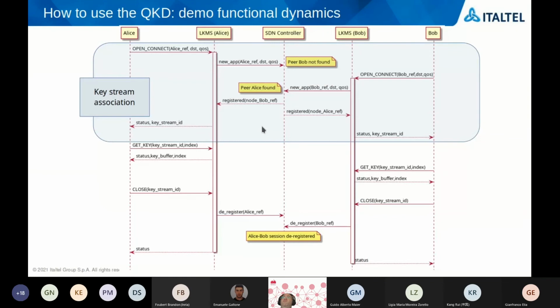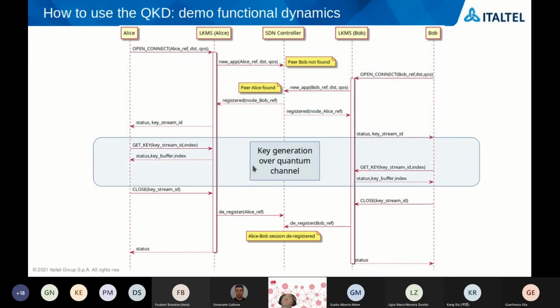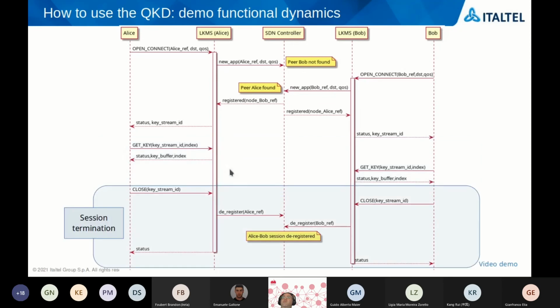The first step is to create a stream association between the two endpoints, Alice and Bob, through the middleware and the SDN layer. The central phase is the extraction of the keys generated over the quantum channel, and finally the termination of the session.